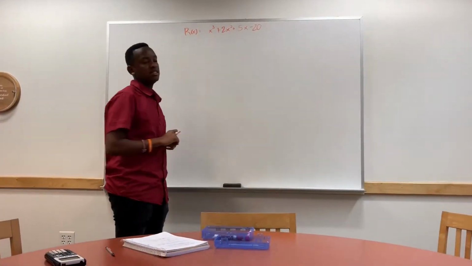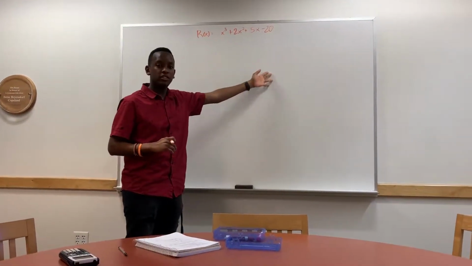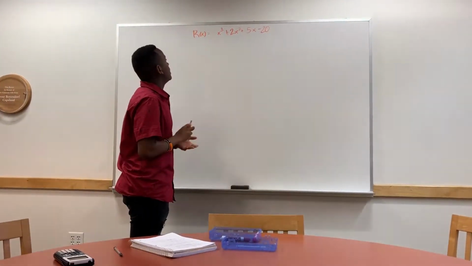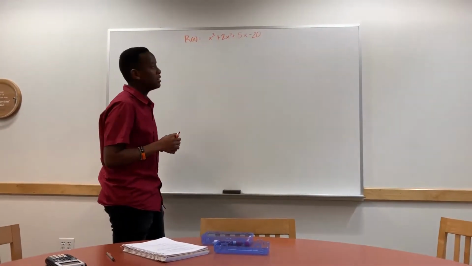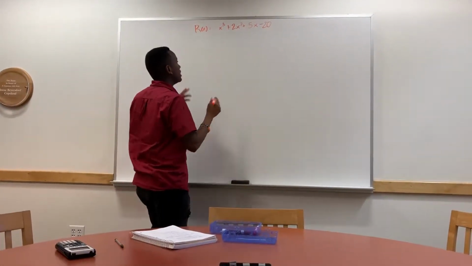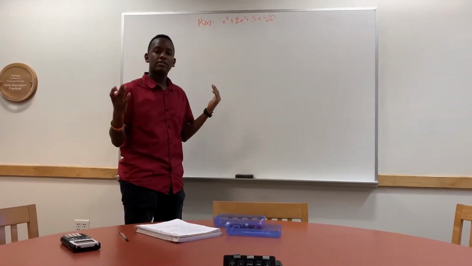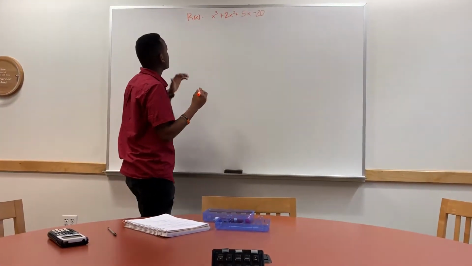Okay, so our business example is finding the revenue from this cubic function. We have r of x equals x cubed plus 2x squared plus 5x minus 20. If the company sells 15 items, we're trying to find the revenue from that in this cubic function.